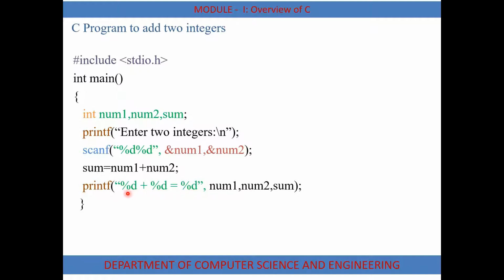So these %d are num1, num2 and the sum. Or you can write the statement as "the sum of two integers is equal to %d". Then we need to tell that %d is nothing but sum. Let's see the output of this program.